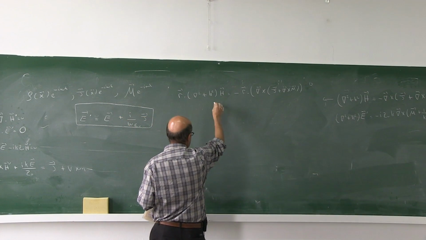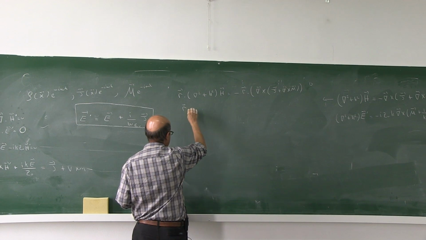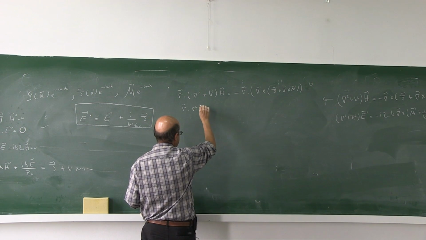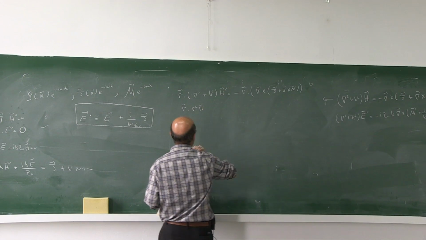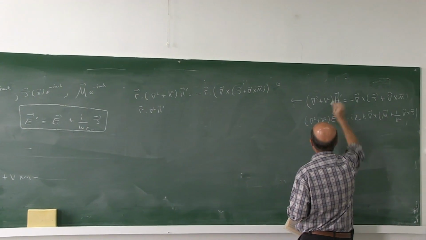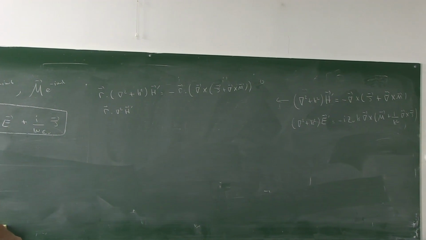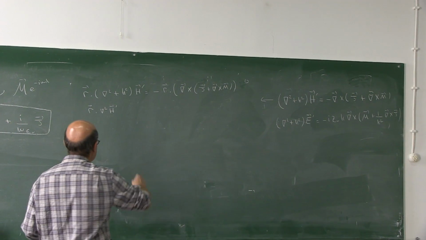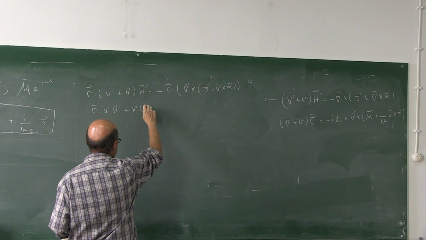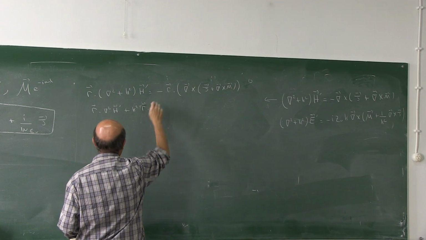So this becomes R dot Laplacian of H, actually H prime, because in Maxwell's equations we convert everything in terms of primes. The other one is K square R dot H prime.